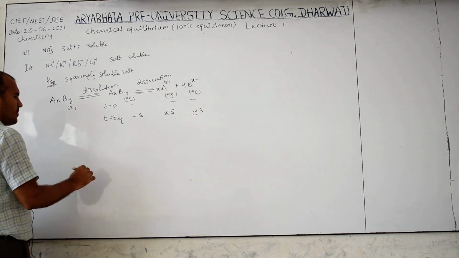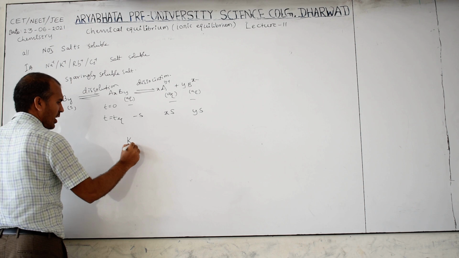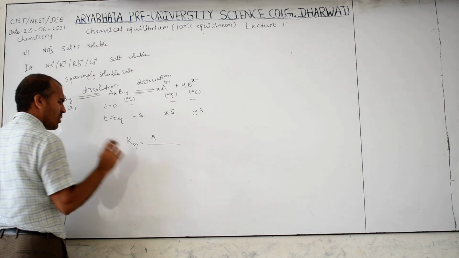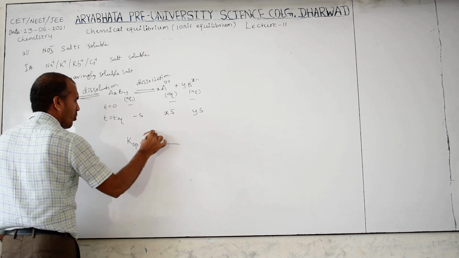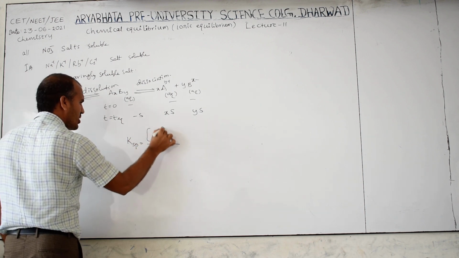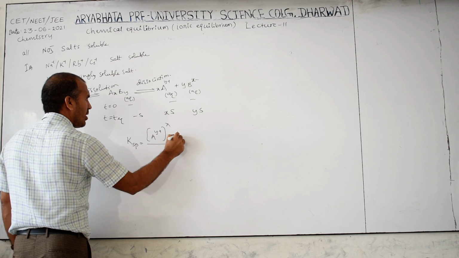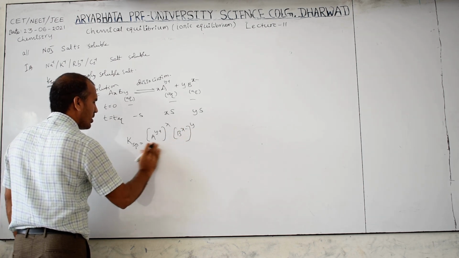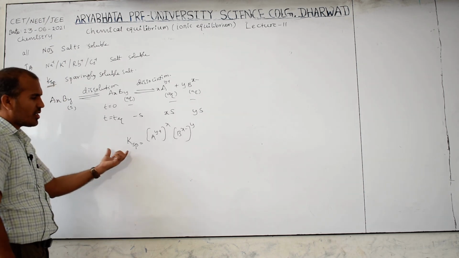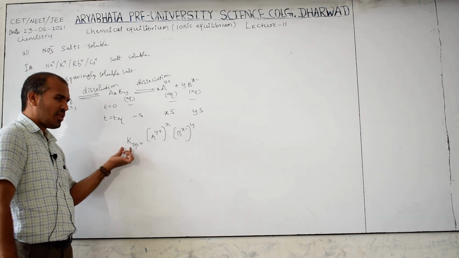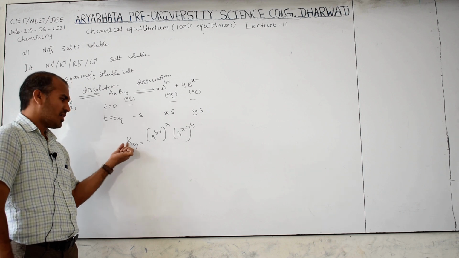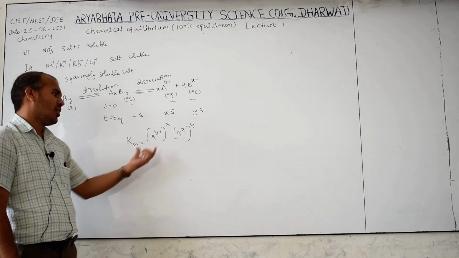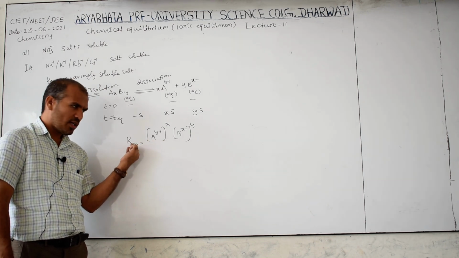Then we know that Ksp is equal to, directly I am writing here, this is nothing but the equilibrium expression: concentration of A^y+ power x and concentration of B^x minus power y. This is a formula. Then what is the definition of this? Ksp means solubility product constant, or simply you can say solubility product. Solubility product means the product, meaning multiply, not a reactant giving a product.